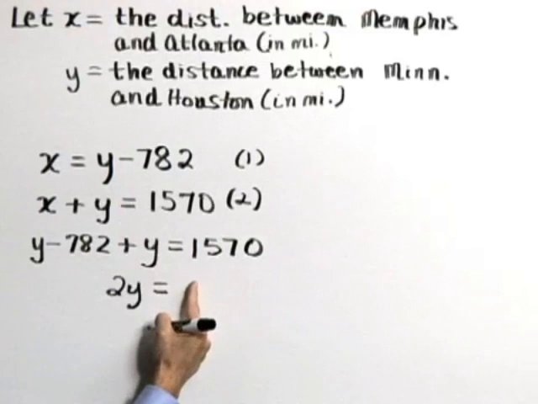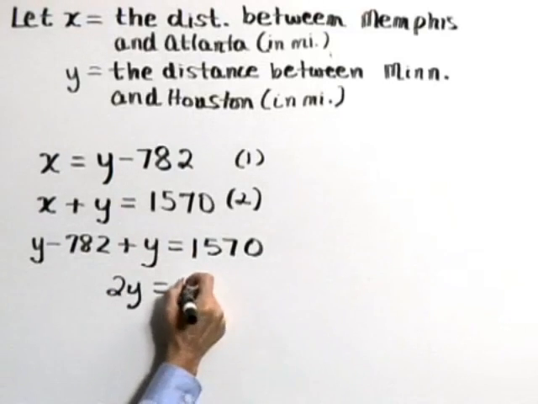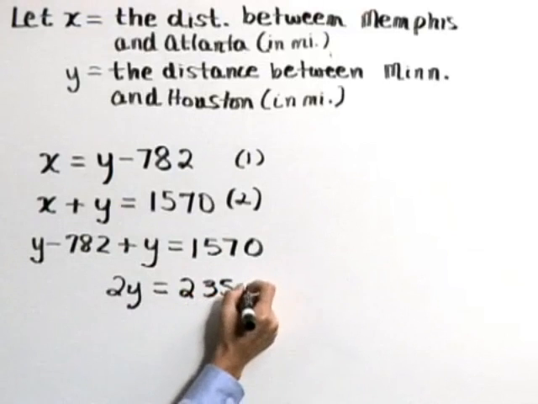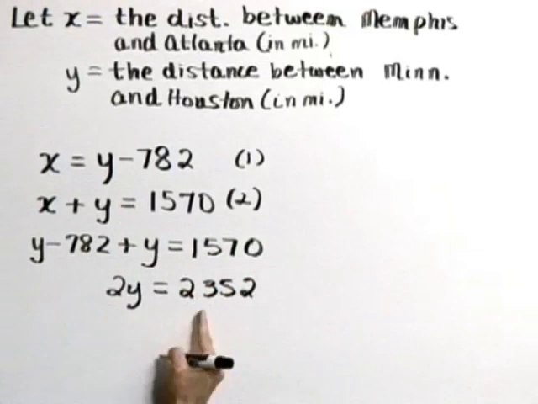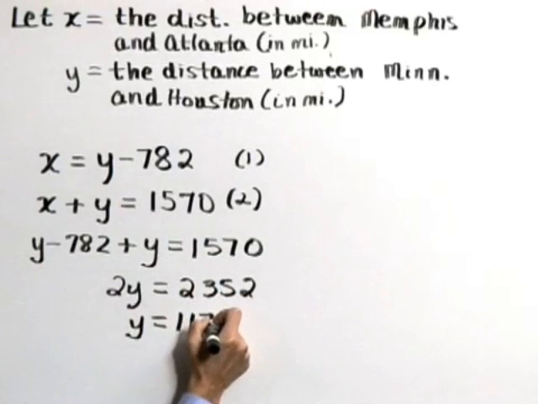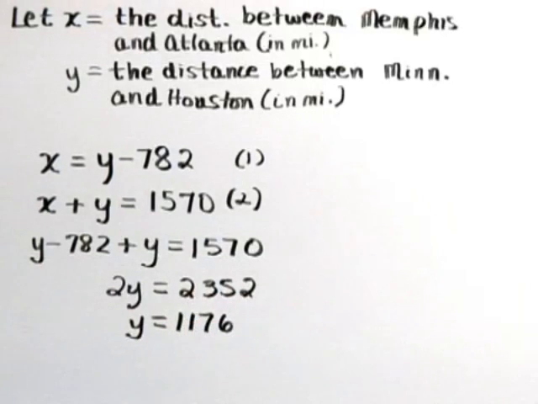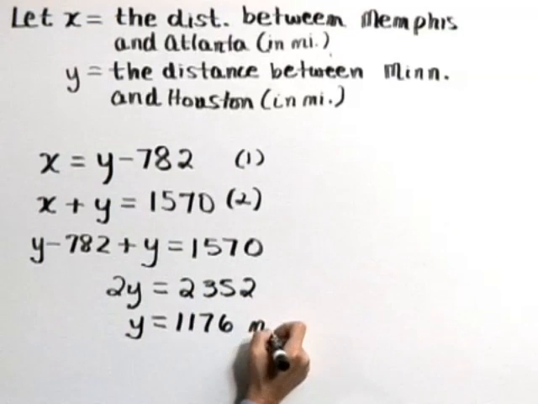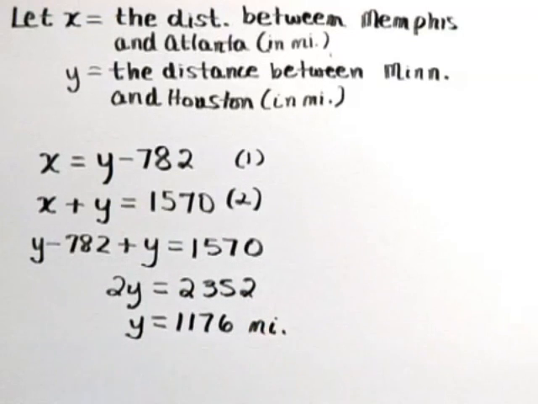And if we add that 782 to the other side, that gives 2,352. Now dividing both sides by 2 gives y is equal to 1,176. That's the distance in miles, and it represents the distance between Minneapolis and Houston.